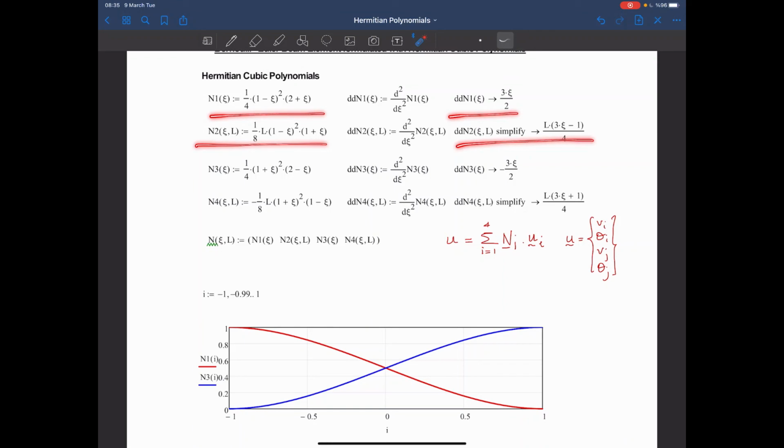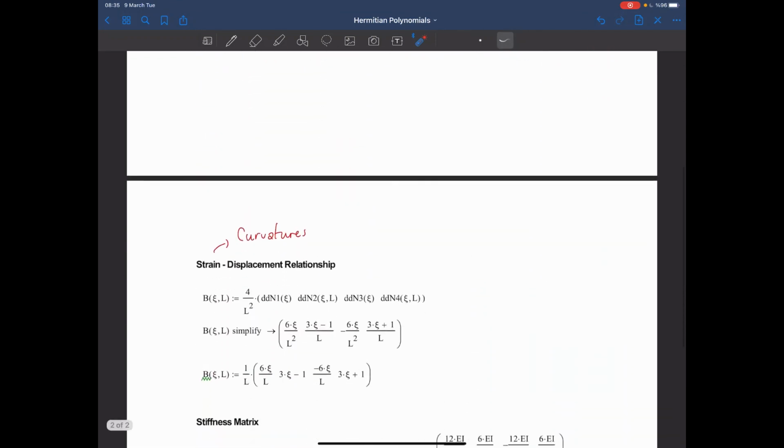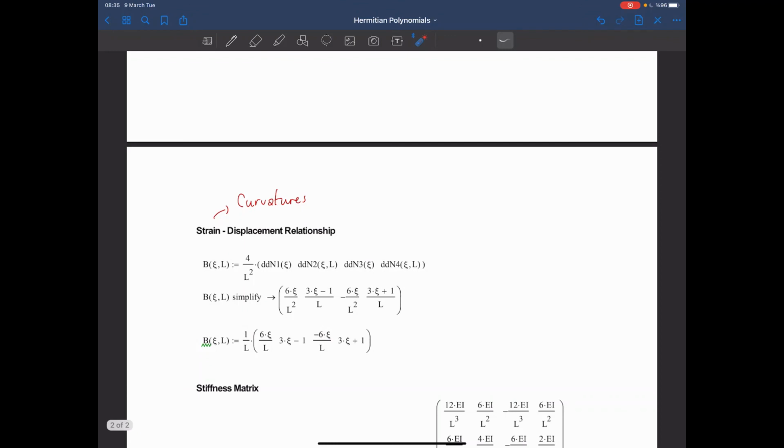So these are the second derivatives of these 4 Hermitian cubic polynomials. And we know that when we translate dx to d psi, we have the 4 over L square parameter, and I multiply it with the second derivatives of these Hermitian polynomials, and this is the output, written in the simple form. So that's what we have in our notes.